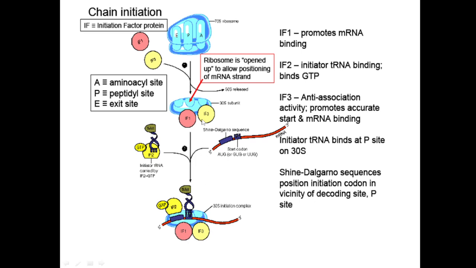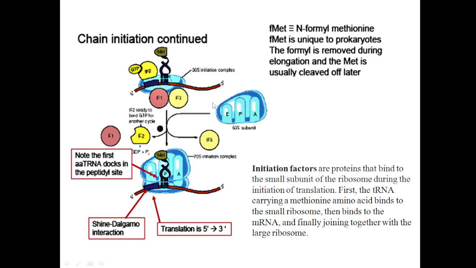And initiation factor 3 provides a check of the perfectness of interactions, and when the complex is formed, it leads to binding of the big subunit.